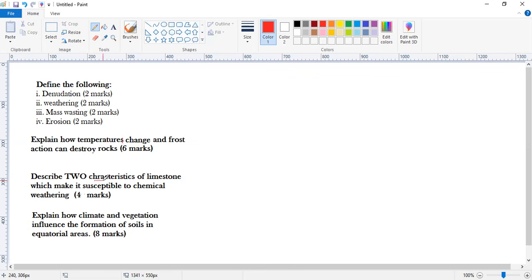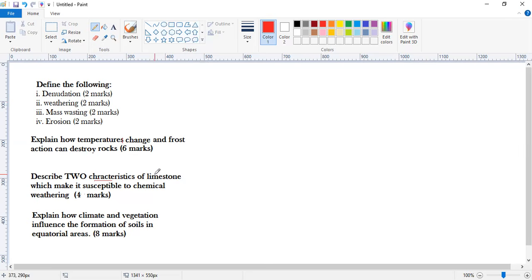Just realizing that I have this word spelled incorrectly, but please look beyond that. And the final question that I have here says, explain how climate and vegetation influence the formation of soils in equatorial areas.